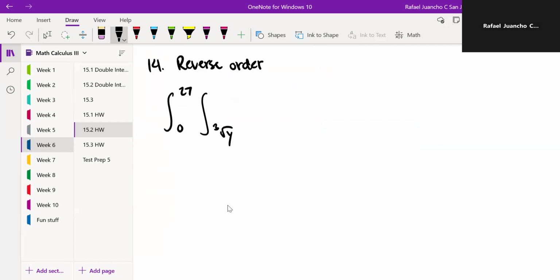This one was 3 cube root of y to the 3, and then 8 e x to the fourth dx dy. So I want to change it. So again, I state my bounds, right? So my x is in between these two. My y is in between these two.